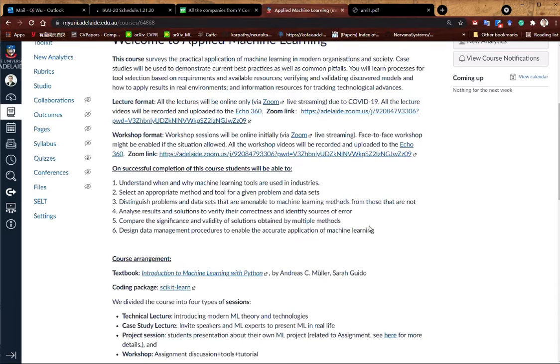At least you know what SVM is, what deep learning is, and you know how to use Python and how to develop machine learning algorithms by using some existing packages for the data you have, right? So in this course we will not teach this kind of thing. We will focus on understanding where and why machine learning tools are used in the industries, right?